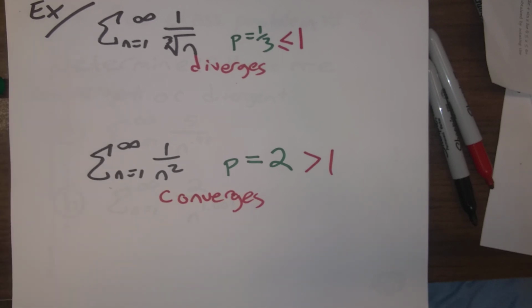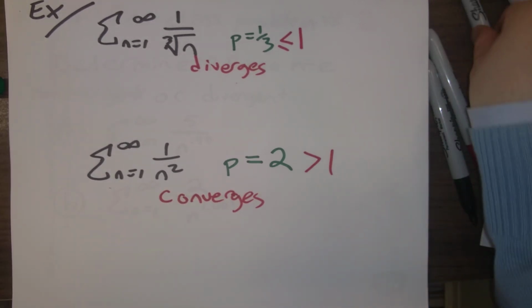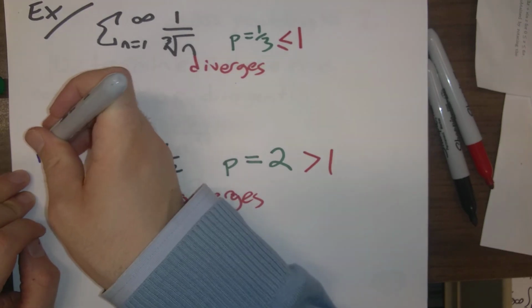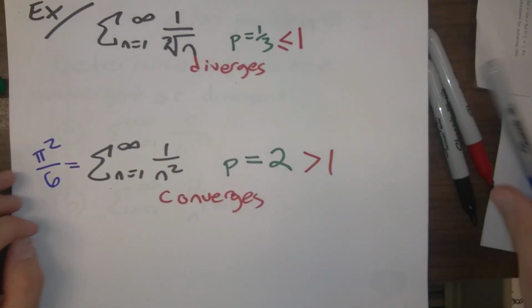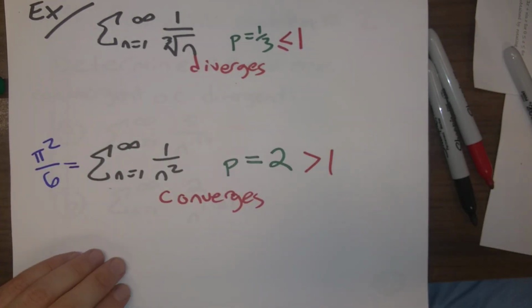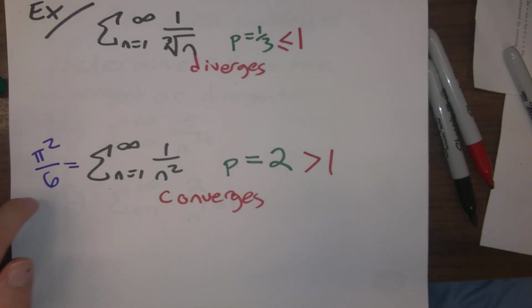Just as a little math anecdote here, the value of this is actually pi squared over 6. And it's very non-trivial to get that answer. It's due to the great mathematician Leonhard Euler that he was able to show that this is pi squared over 6. This is not something that you need to know. This is the sort of thing that I usually teach when I teach Math 311, the Intro to Real Analysis course, an upper level course for math majors.